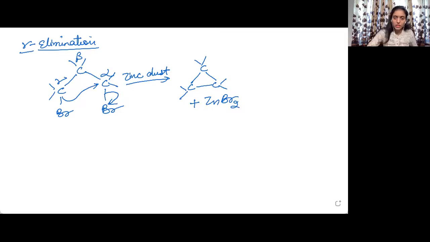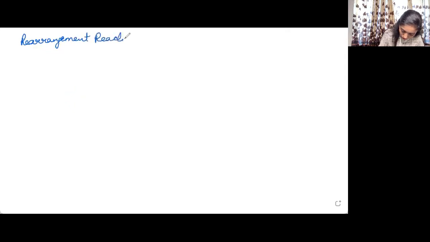Okay. So the next type of reaction. You can just clear these drawings. The next type of reaction is the rearrangement reactions. Rearrangement reactions.